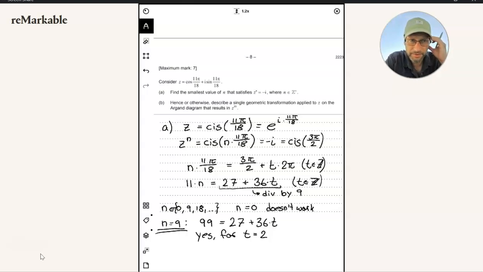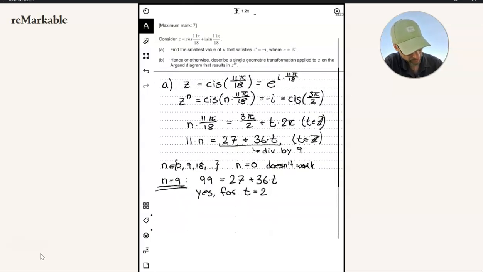It takes a while to even realize what this means, but the best place to start is to think, well, set to the power of 10, what is that? And can we somehow use what we just found out? Notice that we just found out that set to the power of 9 is just equal to minus i.